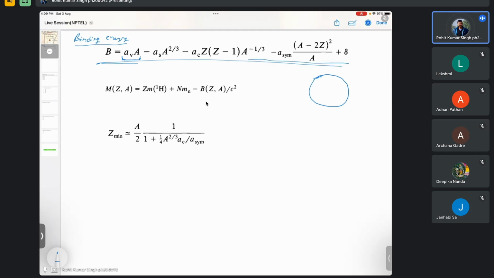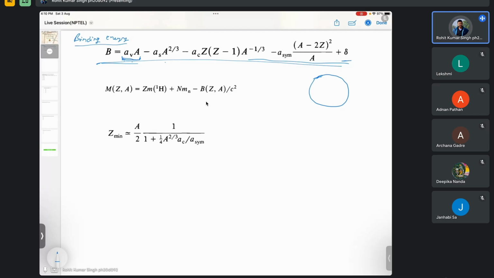So it's an empirical formula, okay. It's not experimentally driven. So why are these terms here? There are one, two, three, four, five terms. I'll go quickly over them.